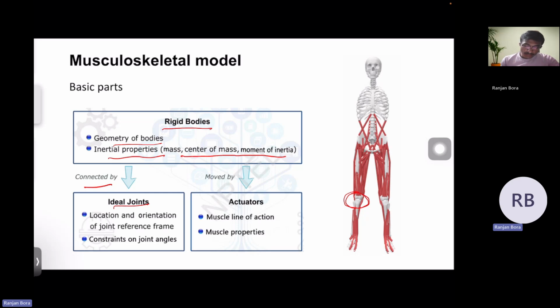This musculoskeletal model is moved by actuators, which are muscle line of action and muscle properties. These are the parameters to define an actuator, and these are the parameters to define ideal joints. These red colored line elements are the muscles or actuators.